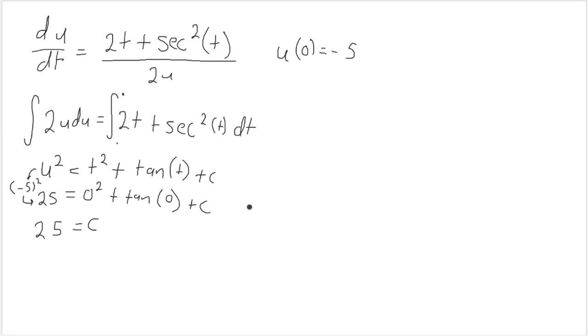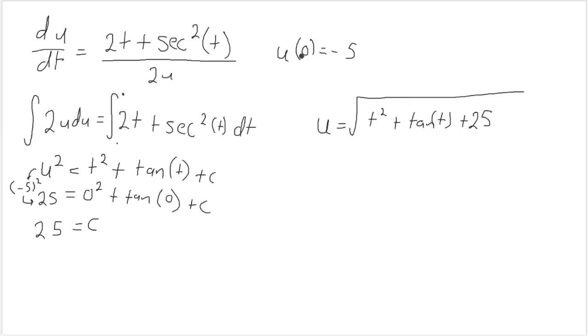Now I look at this, and it's always important to go one step further, because you can look at this equation and solve for u. This is u squared, so u would be the square root of t squared plus tan t plus 25.